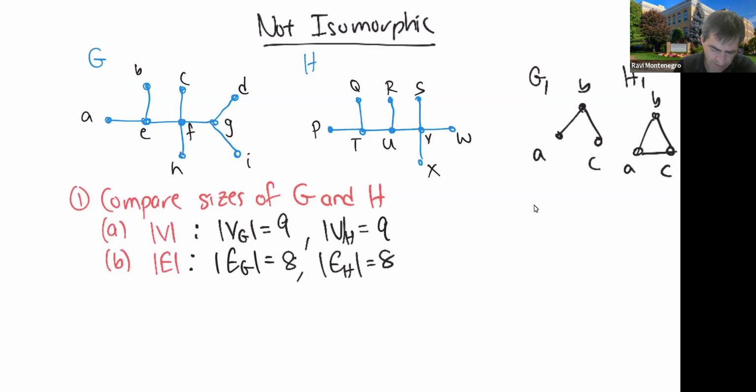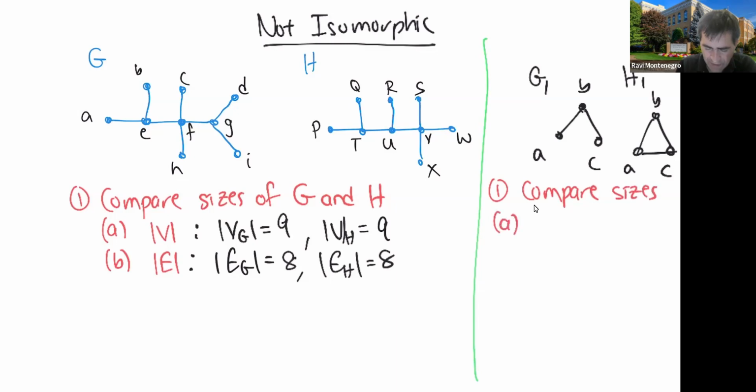Now, what about in the second one we're looking at here? In this case, when I compare the sizes, I will first have the number of vertices. So the number of vertices in G1, 1, 2, 3.